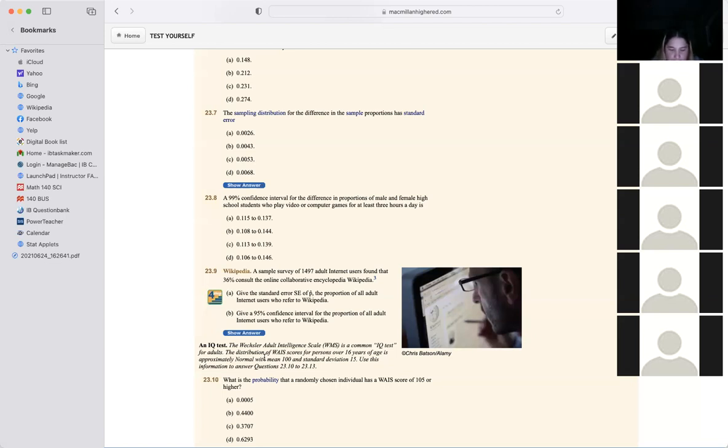And what's your N? My N was the 1,497. And what's your C level? I put 0.36. Oh, 95%. It's a 95% confidence interval.